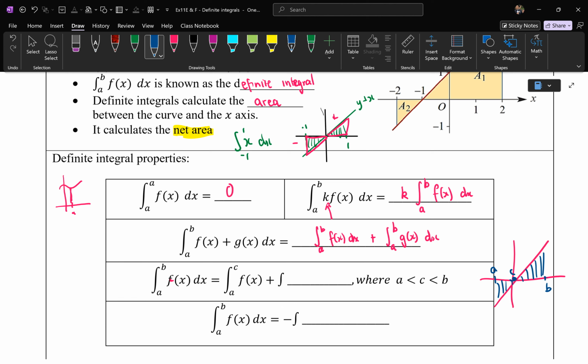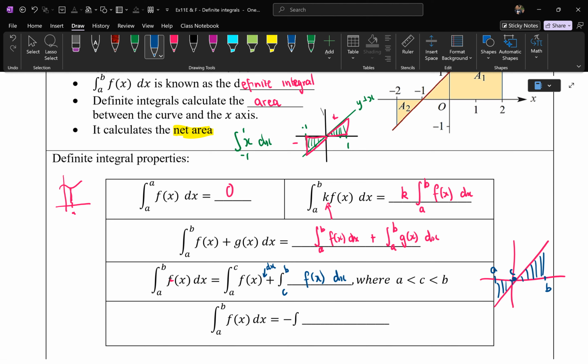So A to C of f of x, it's missing a dx there, and then C to B of f of x dx. Just separating the two, it is possible, and that's the same thing as saying A to B when you're separating them into two components. Usually do that when you know that part of the graph is going to be a negative, and you separate that to combat that negative area.